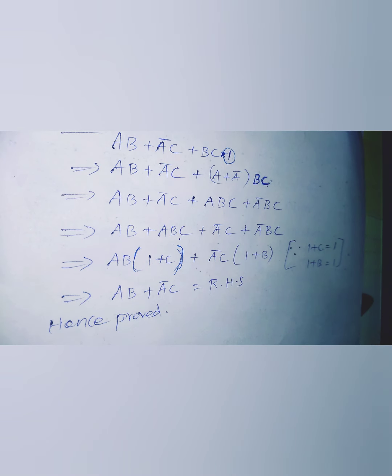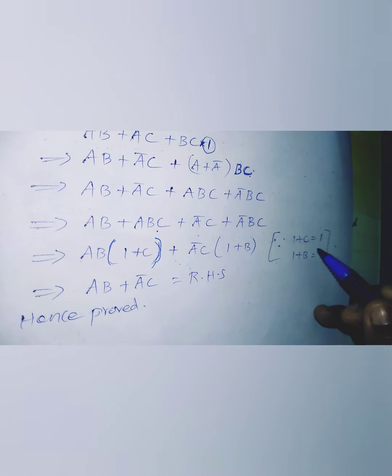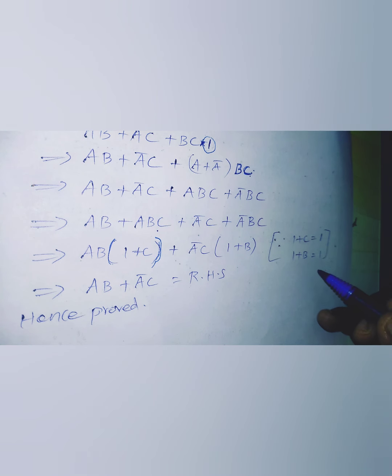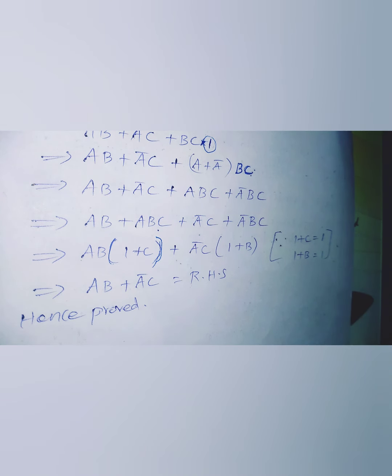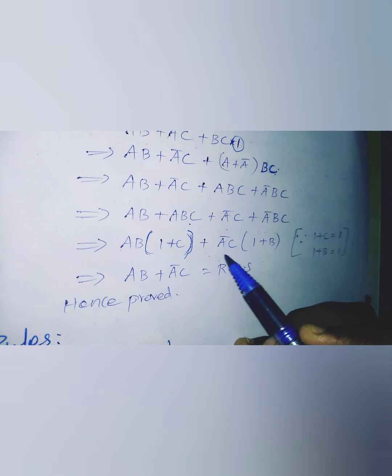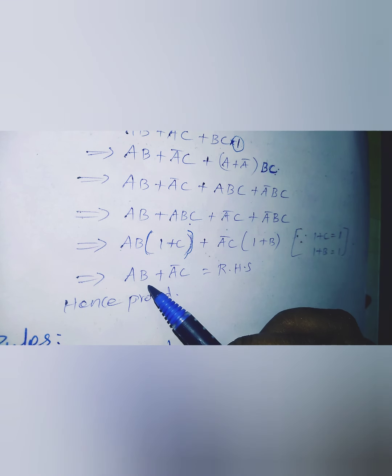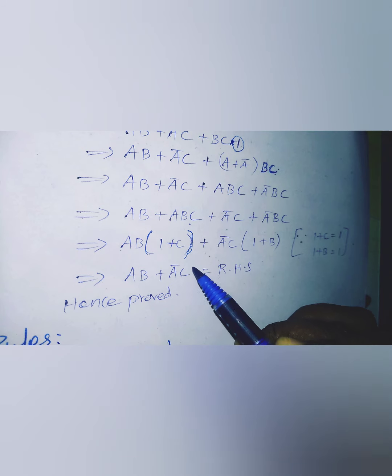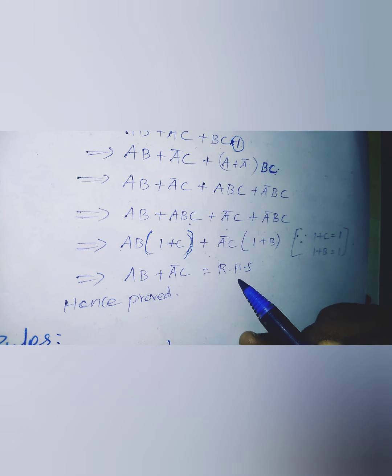Again applying OR rules, 1 plus C gives 1, and 1 plus B also gives 1. So your final answer is AB plus A bar C, which is your right hand side.